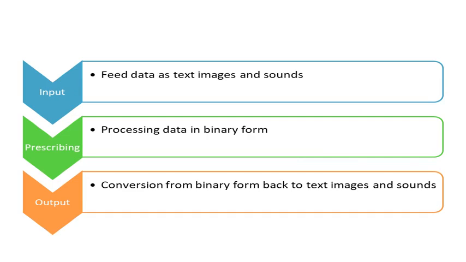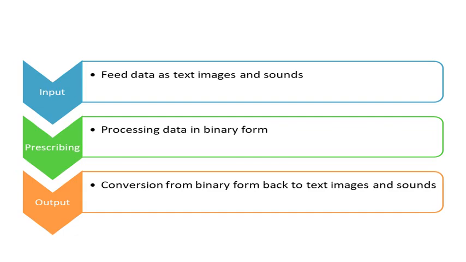In a computer, we have to understand the process. We input data: we feed data, text, images, and sounds into the computer, and processing goes on based on our instructions.